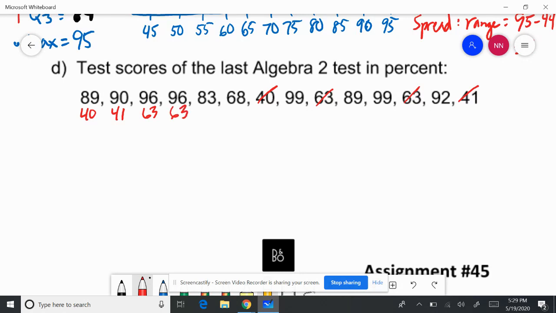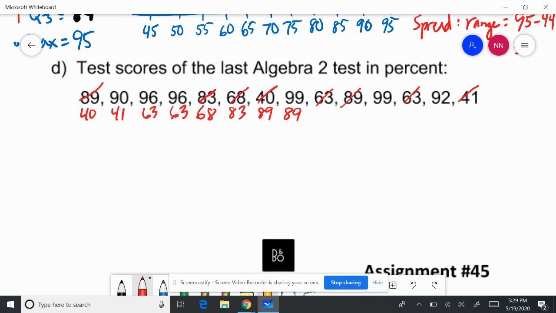And then we have 68. And we have 83. Then we have 89 and 89 again.